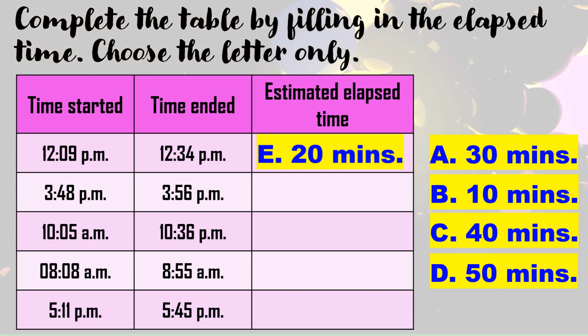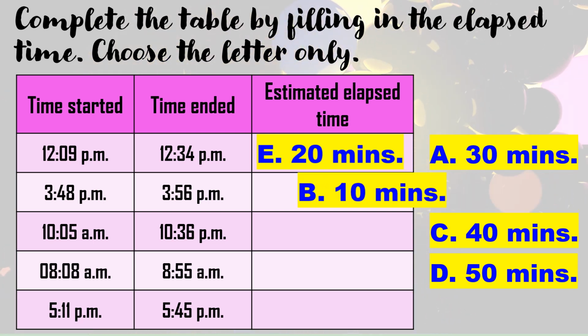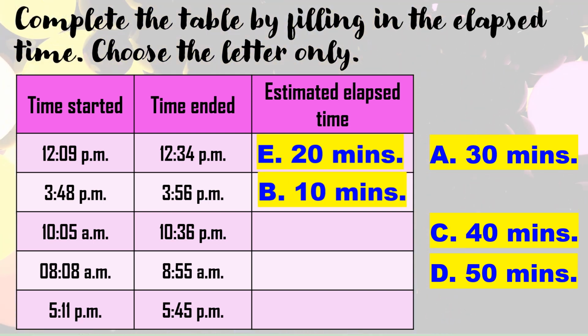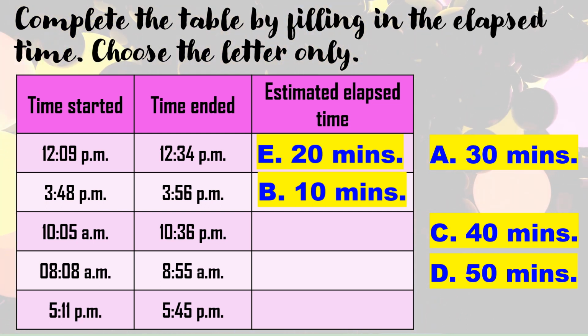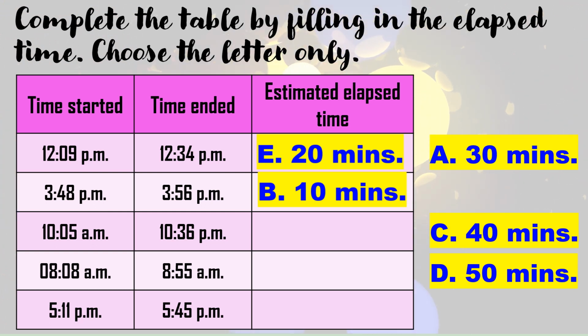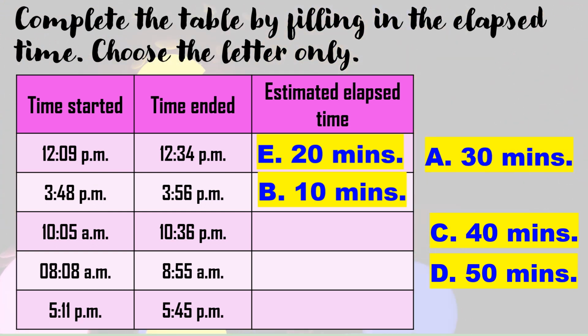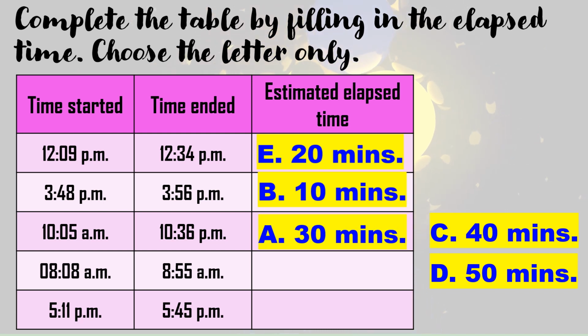So we will have 60 minus 50 become, okay, very good, 10 minutes. Now, 10:05 becomes 10:10 and 10:36 becomes 10:40. 10:40 minus 10:10 equals, correct, 30 minutes.